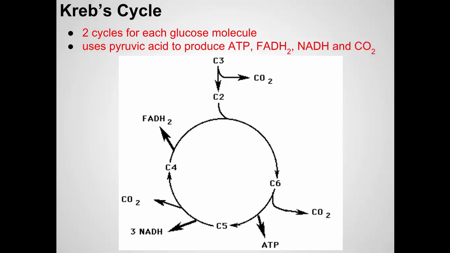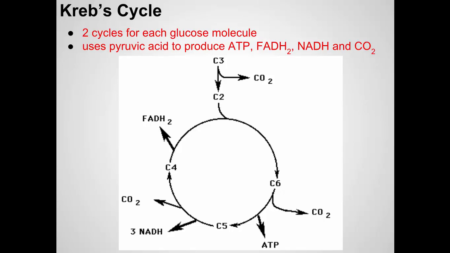If it releases a carbon dioxide, how many carbons are left? 2. That combines with a 4 carbon molecule that's coming in through the cycle, forming 6 carbons. Releases a carbon dioxide, making it 5 carbons, releasing some ATP in the process.